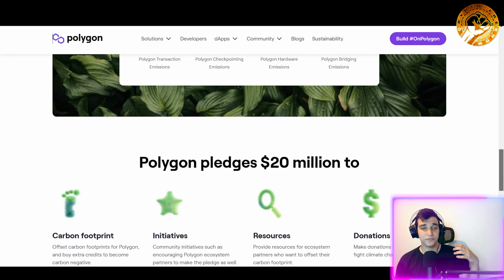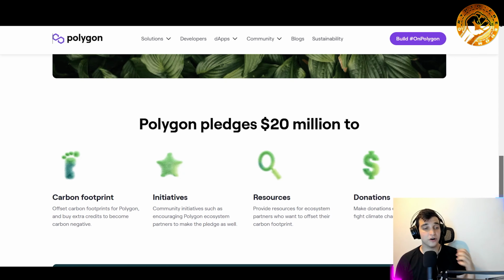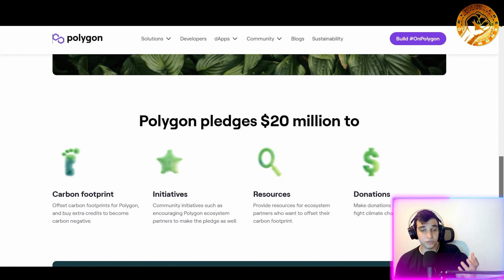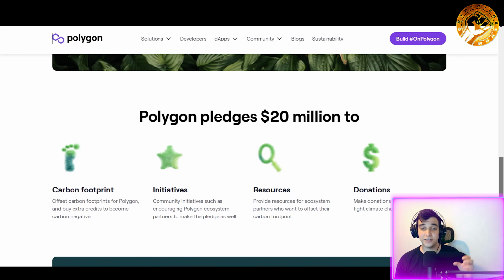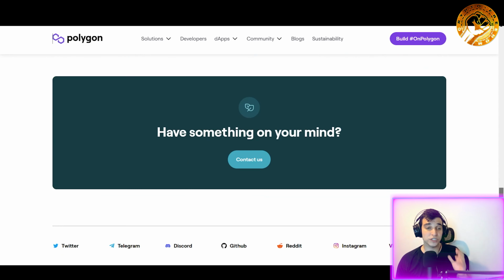You can see, for example, that Polygon pledges $20 million to offset its carbon footprint and buy extra credits to become carbon negative. They also provide resources for ecosystem partners who want to offset their carbon footprint as well, and they make donations easy for NGOs fighting climate change, which is incredible.